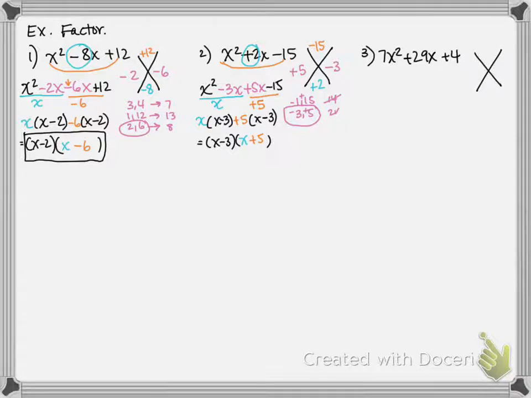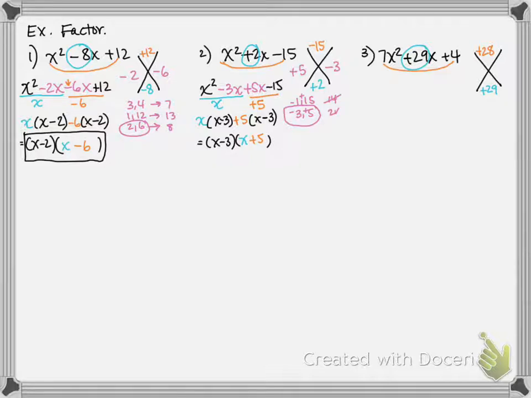Okay, so now we're going to get a substantially larger product number. 7 times 4 is positive 28. Then we're going to grab the linear coefficient, which is a positive 29. And what are factors of 28 that add to give me 29?